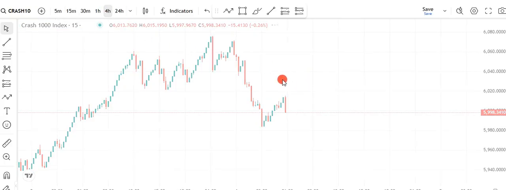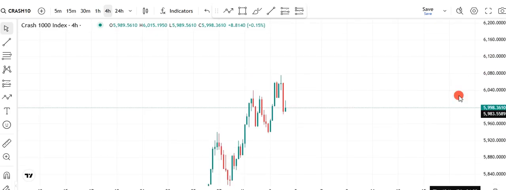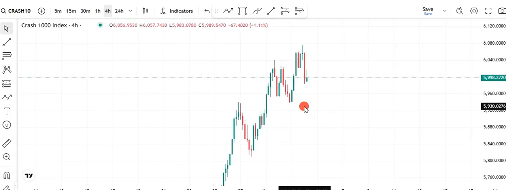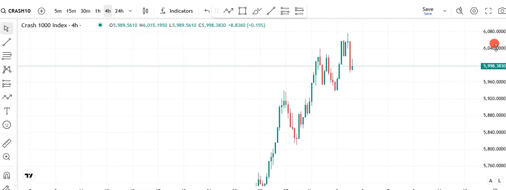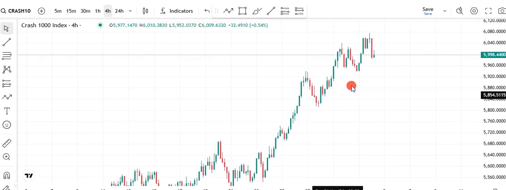Okay, so yes, Cash 1000. So on Cash 1000, actually very bullish also.